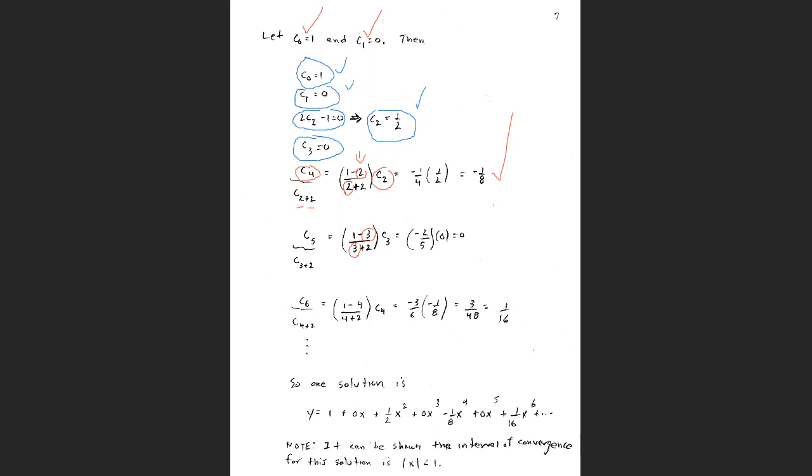And you start seeing a pattern here. The odd terms are 0. I went out to C sub 6 and got a 16th. This is one power series solution.